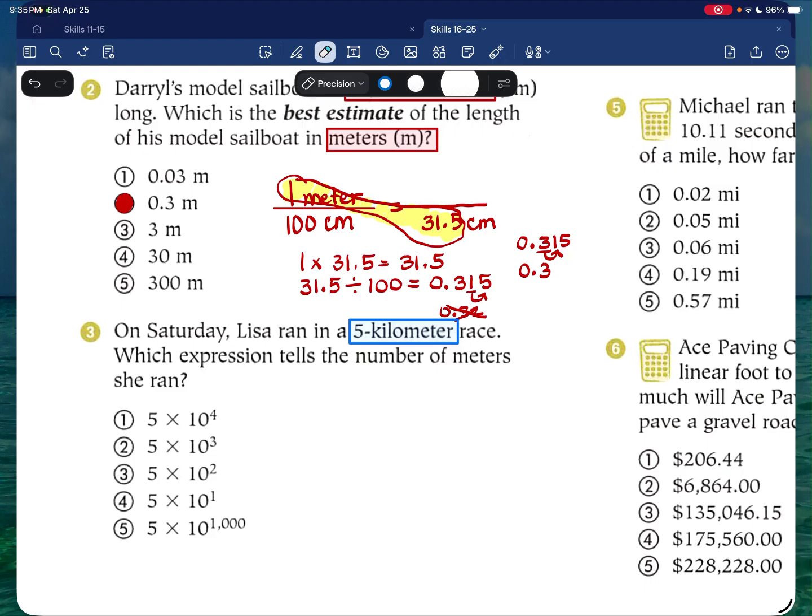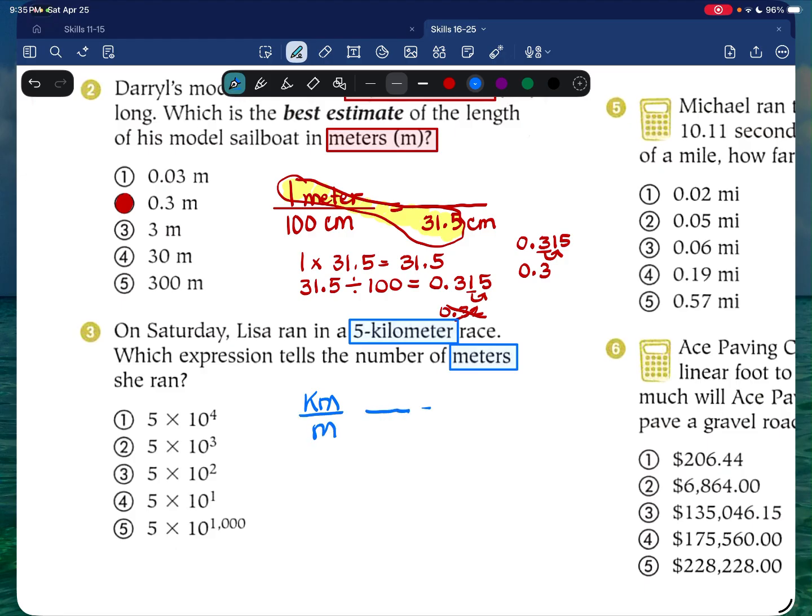All right, so we are converting 5 kilometers into meters. That's the first thing that we need to realize. We're working with kilometers and meters. So go ahead and set up a proportion for this problem.